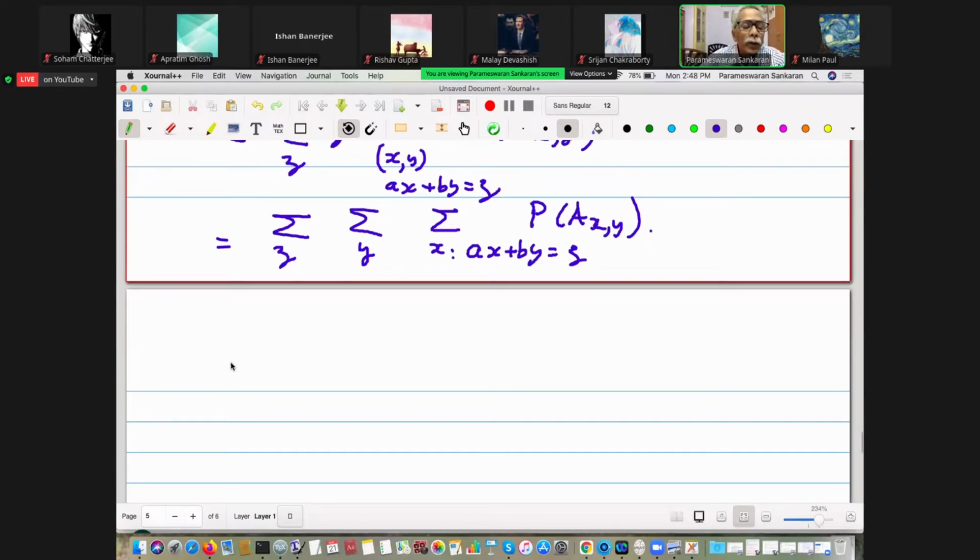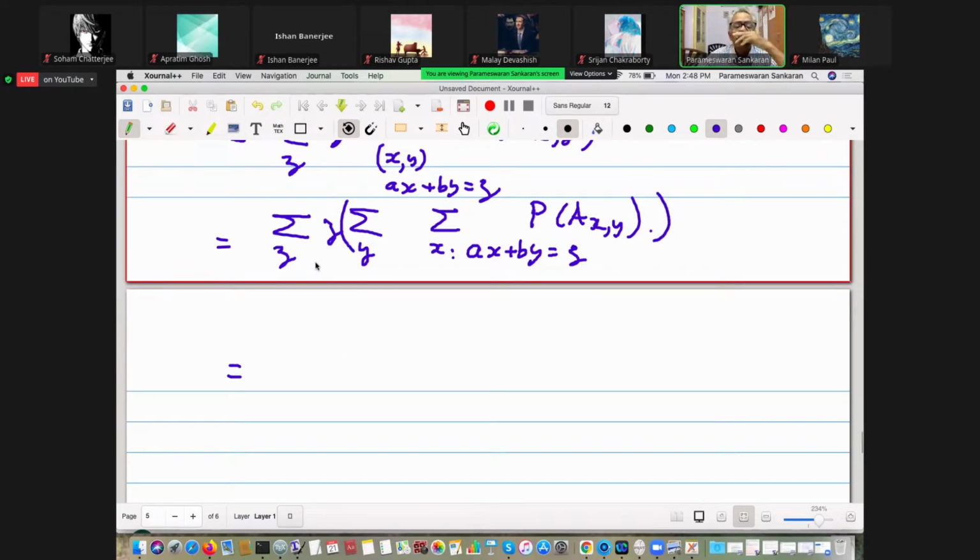And now what we are going to do is change the order of summation. Sorry, somewhere I had this z, okay, and this whole thing. Maybe I should have changed the order in the earlier step. Doesn't matter, let's just write like this.